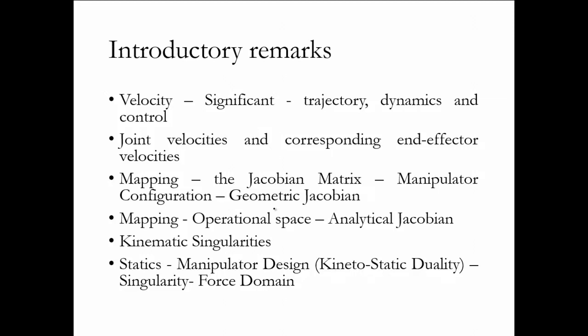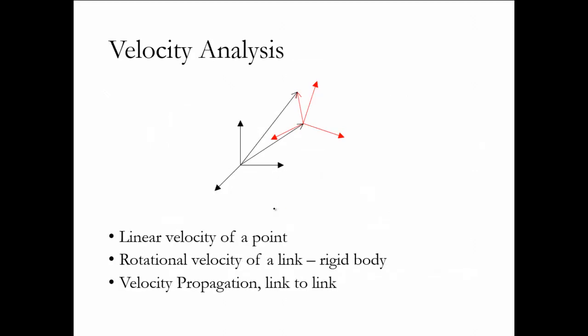In those cases we have the Jacobian playing a role, and again we have singularity in those cases also, or we have a definition for singularity in the force domain. So in a sense you have something called kinetostatic duality. You see some relations or similarities in the velocity and in the static level of the systems, actually similarity in the mapping matrix, that is the Jacobian.